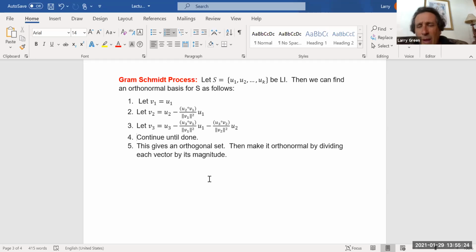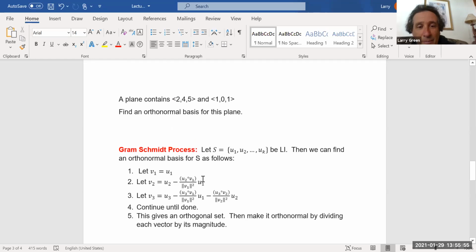Because if you multiply by a number, you don't change it being orthogonal. And then at the end, you make it orthonormal, and that's when you deal with fractions. A computer, you don't have to worry about it, because computers, unlike me, don't complain about fractions. I hate having a zillion fractions and having to do arithmetic. I don't know if you're like me, but probably you are. It's much easier not to have to deal with fractions. Any questions on this process?